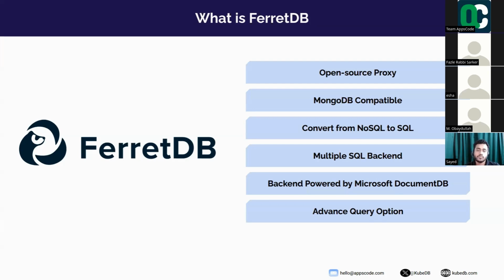After the FerretDB 2.0 release, it utilizes Microsoft's newly released open source DocumentDB Postgres extension, which significantly increases database performance. It is continuously evolving, with advanced query capabilities being added regularly to support complex use cases like vector search and many more.